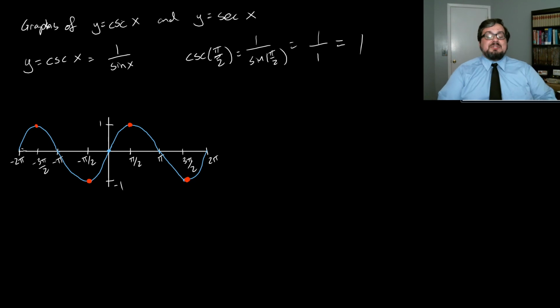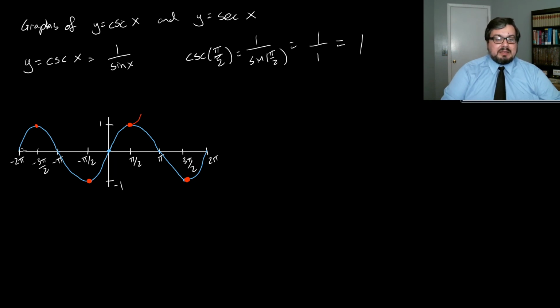So cosecant matches up with sine at the peaks and the valleys of the graph of sine. Other than that, though, they don't match up, because as sine gets smaller, cosecant gets bigger. So if sine is getting smaller than 1, cosecant is getting bigger than 1.